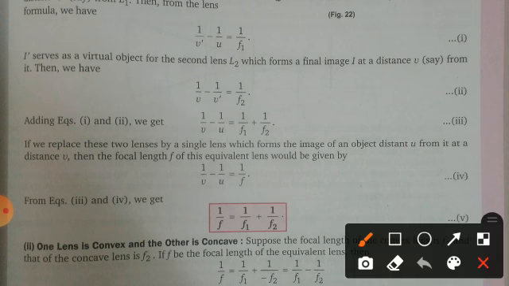So this is the final expression for the combined focal length of two lenses.